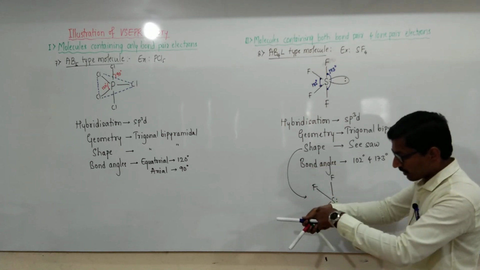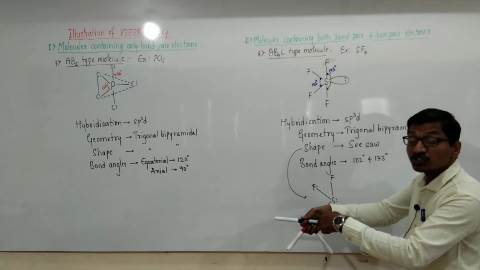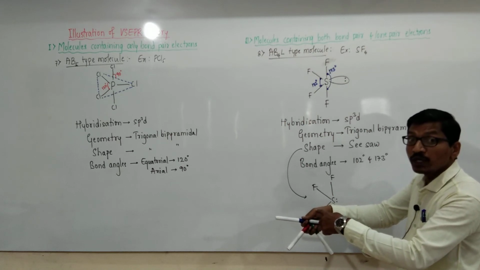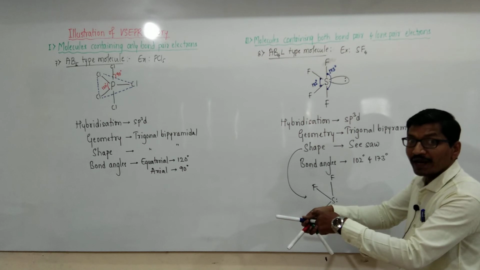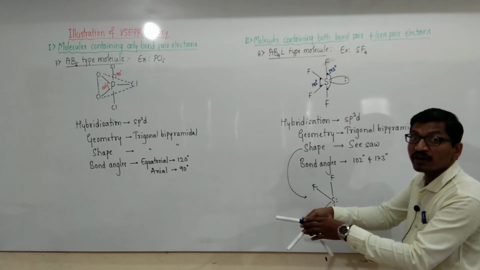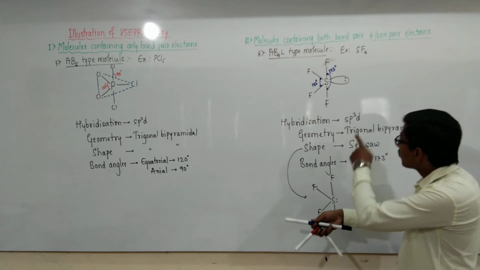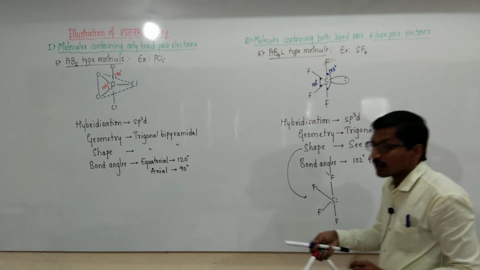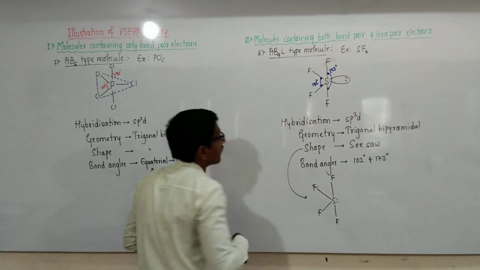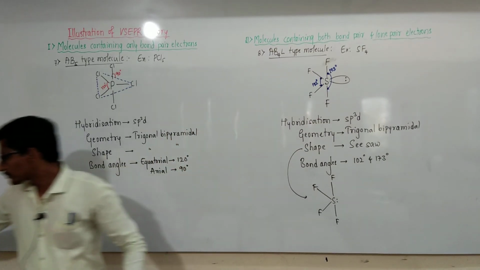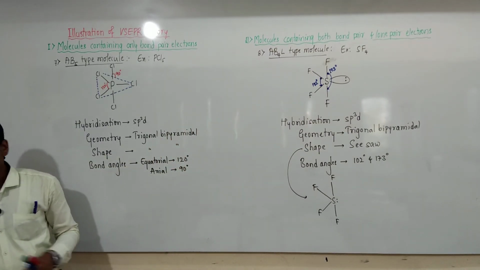One lone pair here. While predicting the shape of the molecule, we exclude the lone pair of electrons and only the bond pairs are considered, and while predicting the geometry, both lone pairs as well as bond pairs are considered. This is another example.